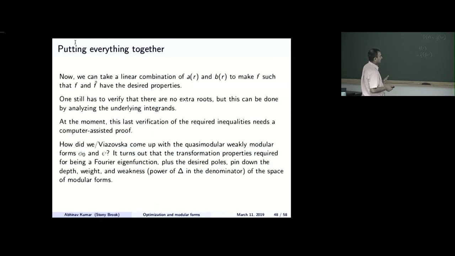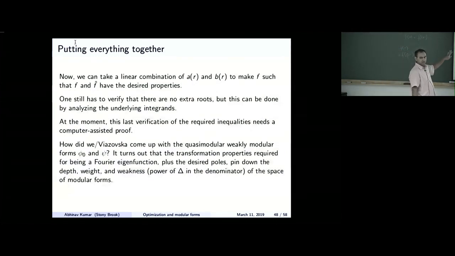Let me just, the last thing I'll say is how did Viazovska come up with this idea of having quasi-modular forms? It turns out if you make this ansatz that it is 4 sine squared of pi r squared over 2, which is reasonable because it has reasonable zeros, times some function, times some Laplace transform, you have to make that leap of faith.